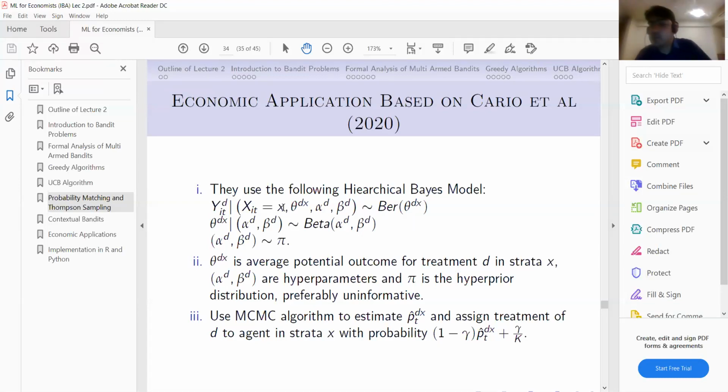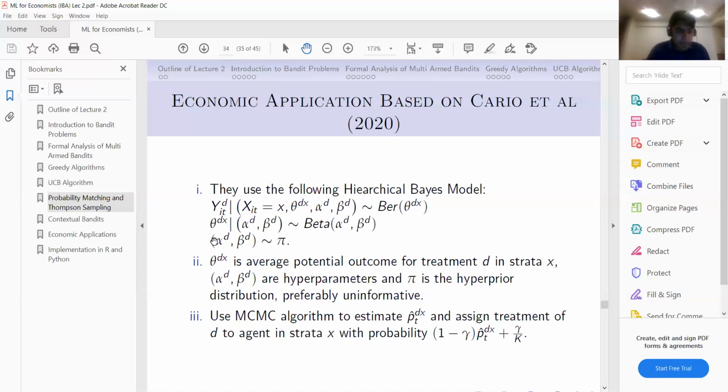More experienced individuals may be able to find jobs better and so on. It also depends on these hyperparameters, which govern the beta distribution. And it depends on theta, because the Bernoulli variable has a probability of success equal to theta dx, where theta dx is just the probability of finding a job after 6 weeks, let's say, for treatment D and individual characteristics X.